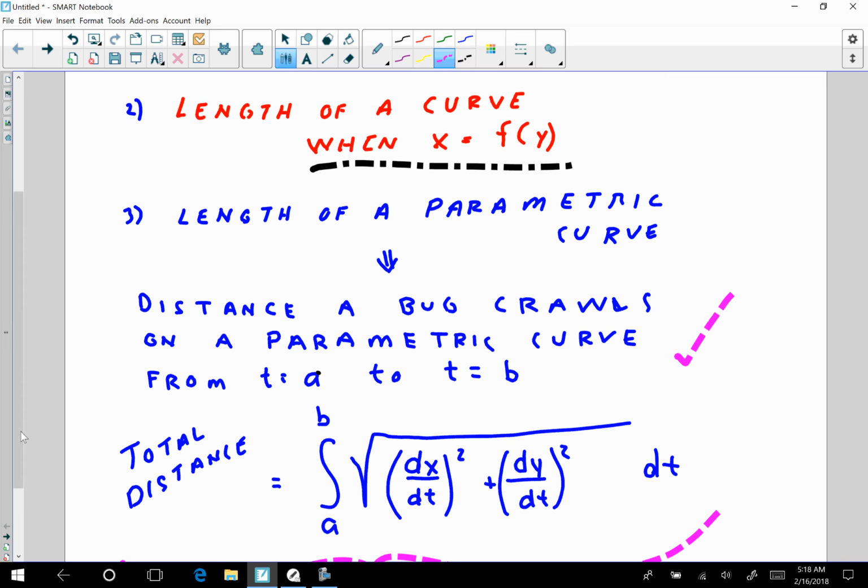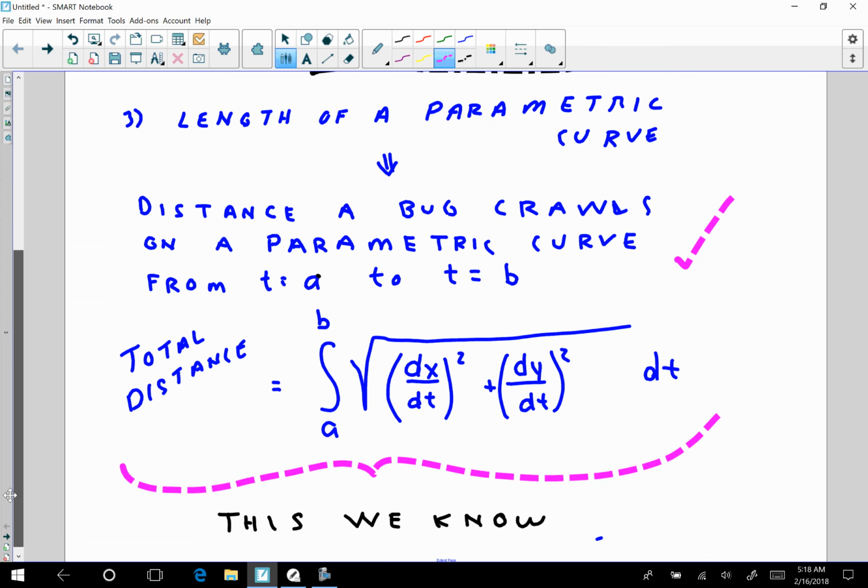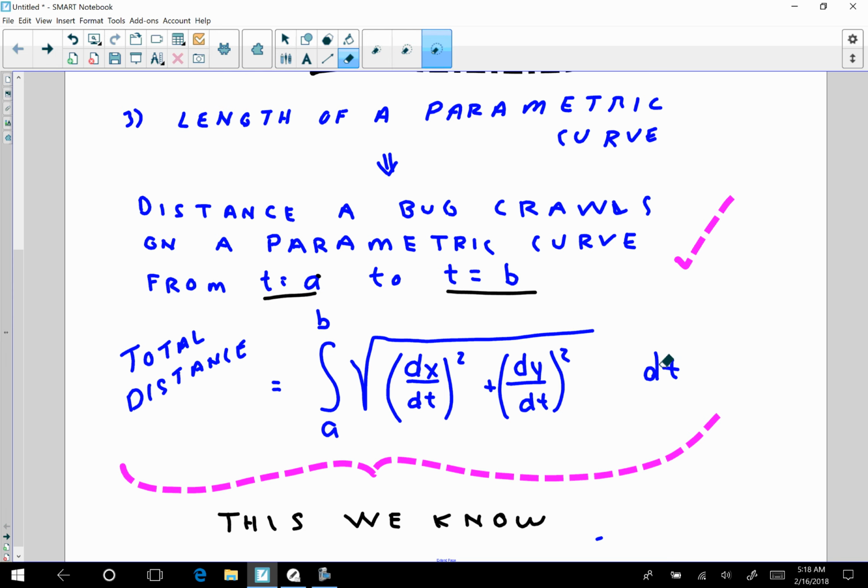The formula that gives the total distance traveled on a parametric curve from t equals a to t equals b is this formula that we have used multiple times: the integral from a to b of the square root of (dx/dt) squared plus (dy/dt) squared, integrated with respect to t.